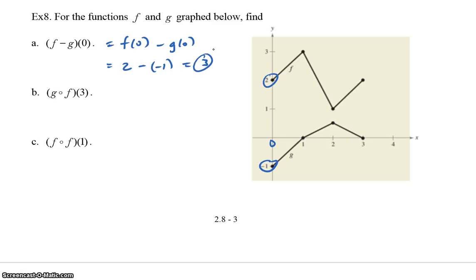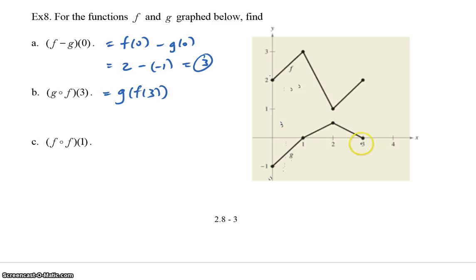Part B, g composed with f of 3. Well, this is defined as g of f of 3. Now, here we want to work from the inside out. Let me erase what I did previously. What is f of 3?